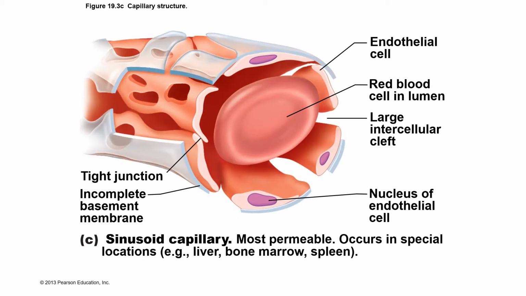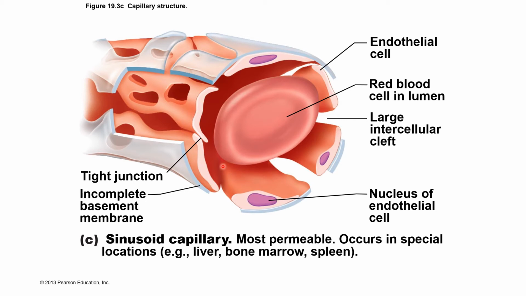Let's take a look at this type of capillary, and those are the most permeable type of capillary we have. You can see that the pores, those fenestrations, are way larger. Even the intercellular clefts, notice how they're pretty huge gaps.